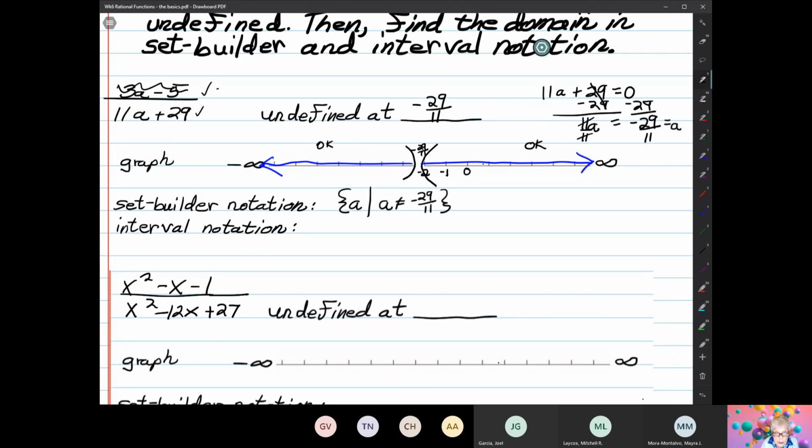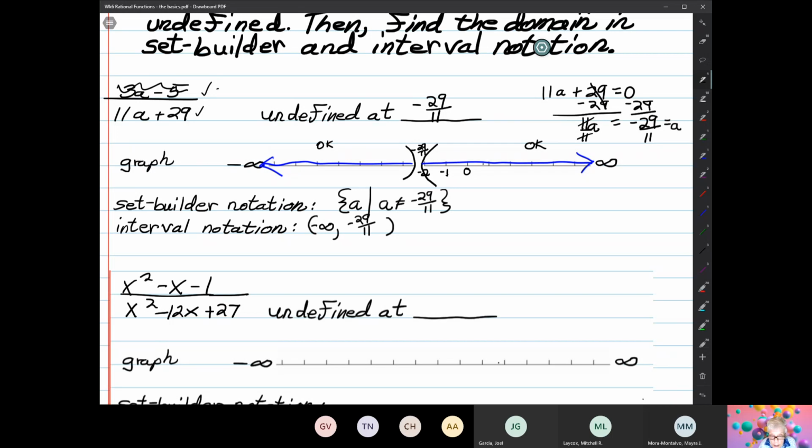So what I'm going to do is write the end points of the numbers over here, which are negative infinity on the left, and negative 29 over 11 on the right, but I'm very careful to use a parenthesis, which means A cannot equal that. Get really close, but not equal.